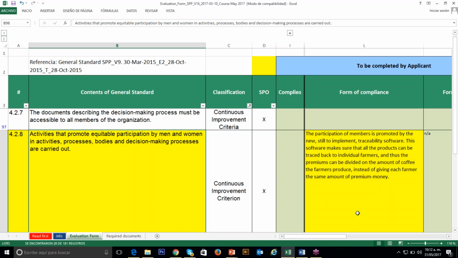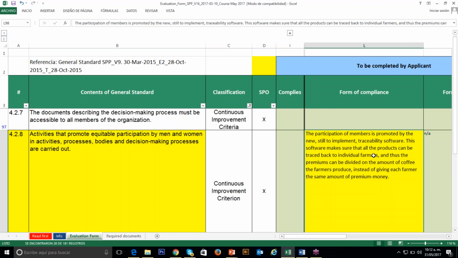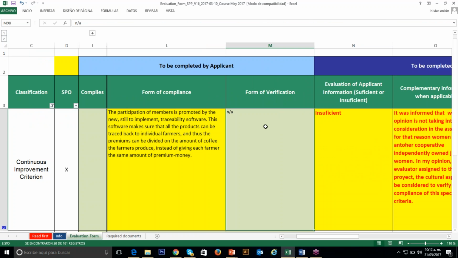What are the specific activities you do to comply with this criterion? As I see here, on column M, you said not applicable.